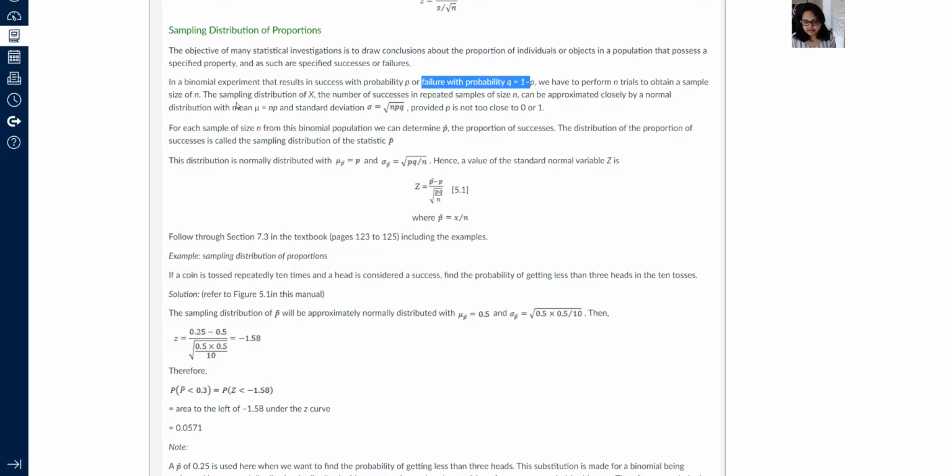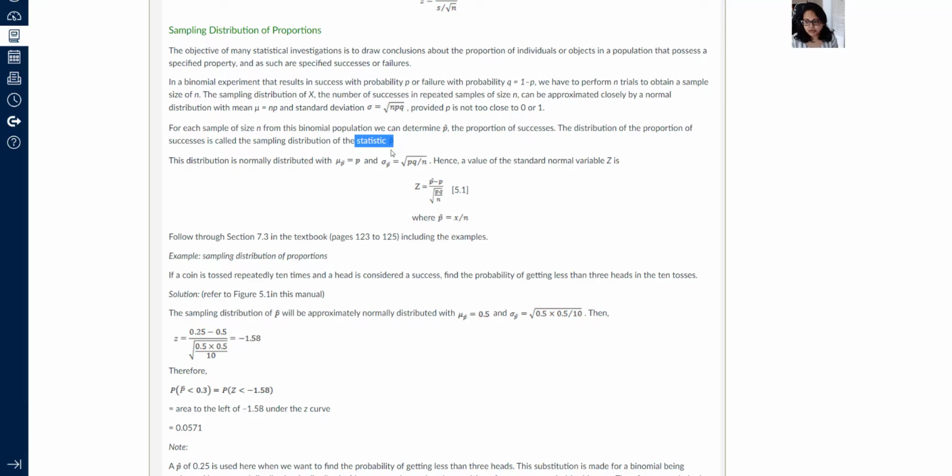Previously, you saw that for the binomial distribution, the mean of the population would be the sample size multiplied by the probability of success, and then we also saw how we can find the standard deviation. Given that information, since we are talking about the sampling distribution of proportion, we use the sample many times, as I showed you in sampling distribution.